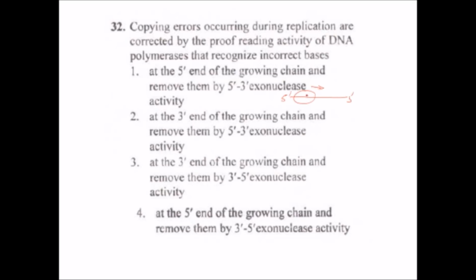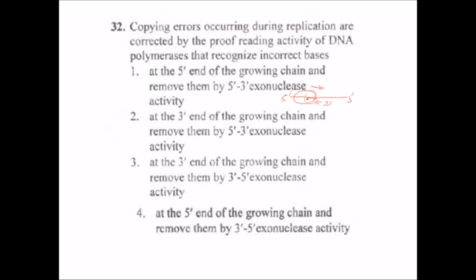When it is moving toward the 3' end, synthesizing, it will undergo the proofreading activity and cut the nucleotide bases from the 3' to 5' side, and then again add new nucleotides in the 5' to 3' direction. In this way it is double checked by the DNA polymerase itself.